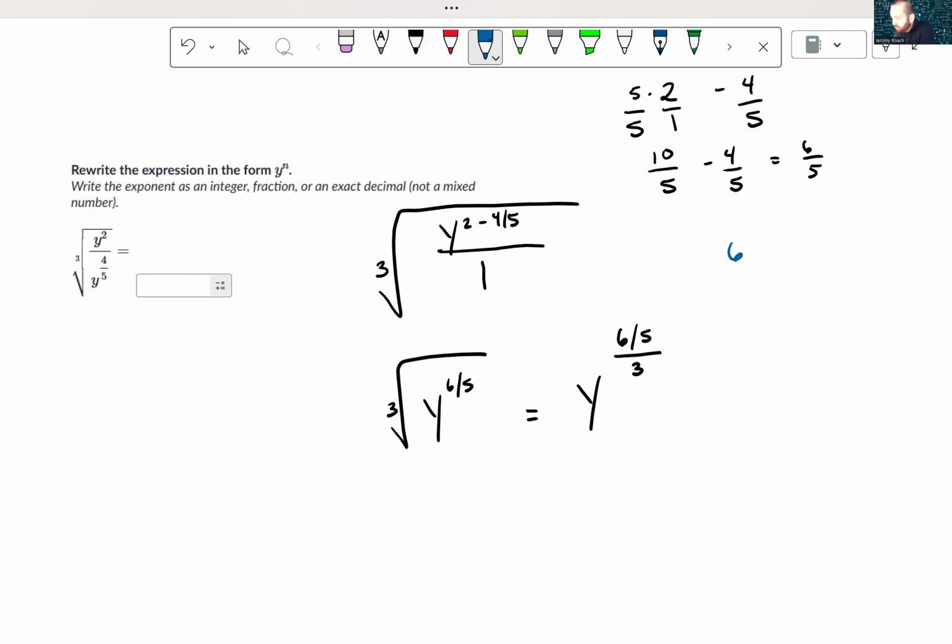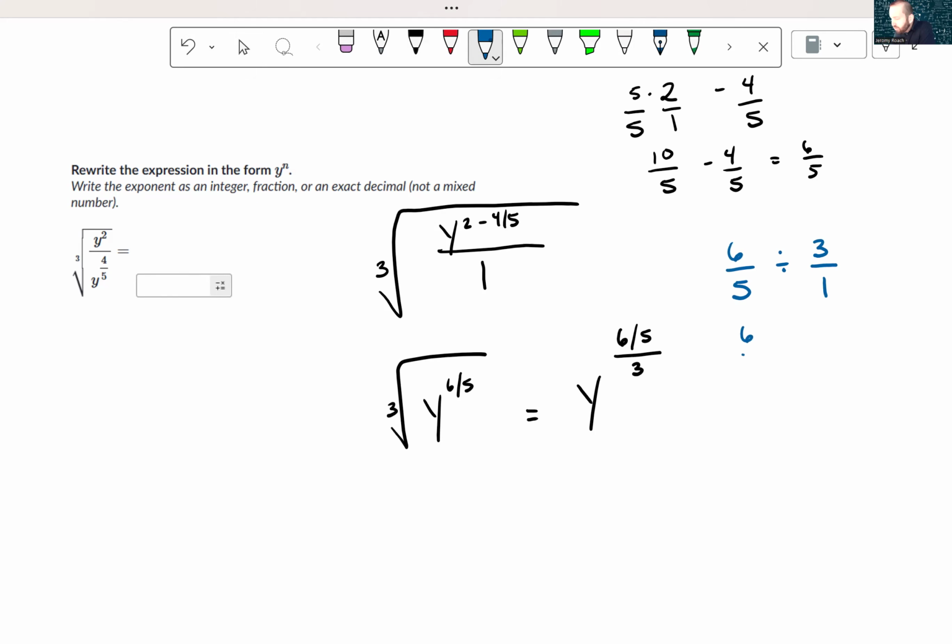This 6 over 5 over 3 is a complex fraction, but we can write it like this: 6 over 5 divided by 3. And 3 is just 3 over 1. We can divide this with the keep, change, flip method. And I think we learned this in middle school.